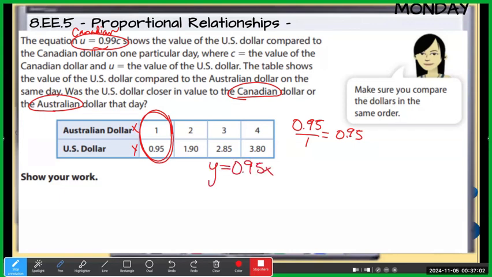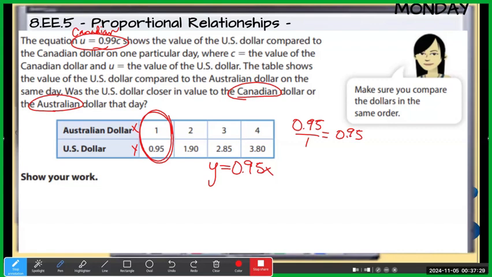All right, so now let's make sure we answer the question. The question said, was the US dollar closer in value to the Canadian or the Australian? The US dollar is closer to Canadian than Australian.